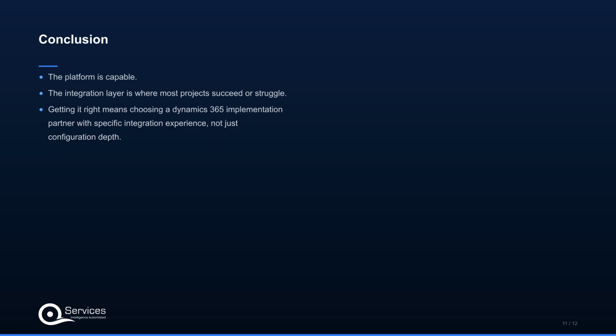Getting it right means choosing a Dynamics 365 implementation partner with specific integration experience, not just configuration depth. It means planning for data quality remediation, real-time versus batch data flow decisions, and enterprise middleware requirements before the project starts. And it means understanding that Dynamics 365 customization decisions made during implementation lock in the integration architecture for years to come.